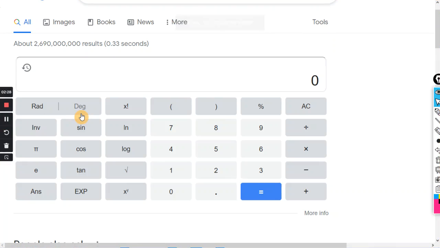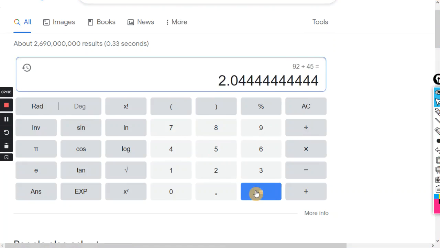On the calculator, I am going to do 92 divided by 45, hit equals. And we said we're going to round to 2 decimal places. So if you look at the 3rd decimal place, if it's less than 5, you round it down.